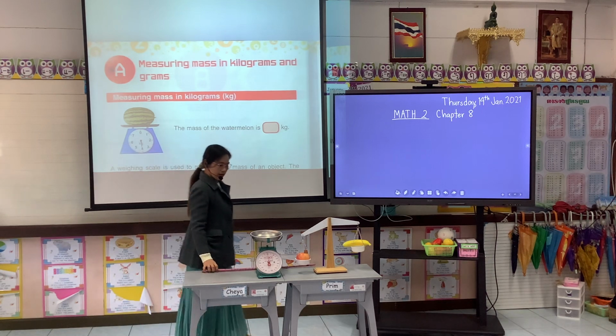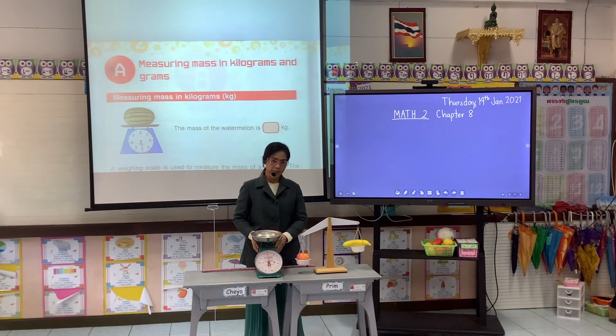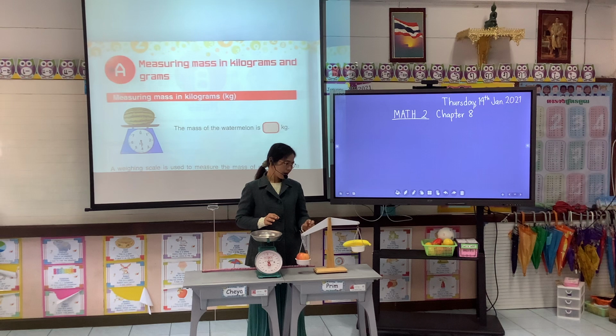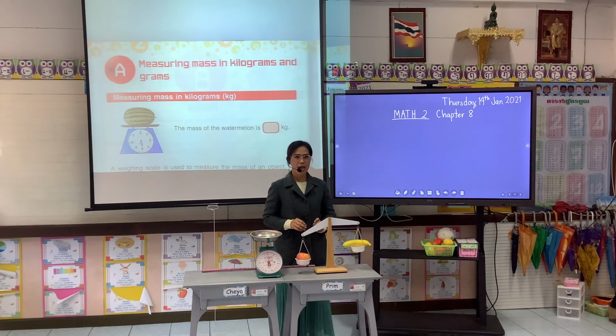Can you see this? We have two weighing instruments here. These instruments are used for measuring how heavy an object is.